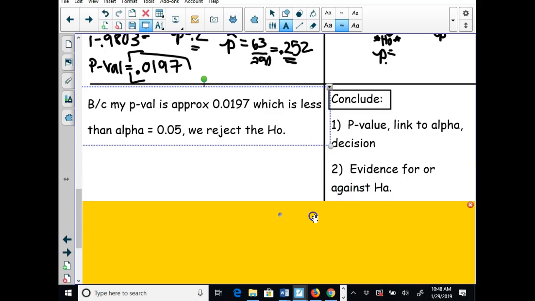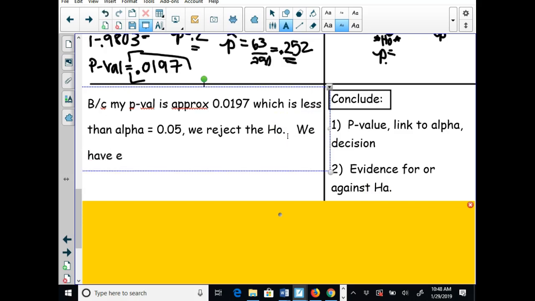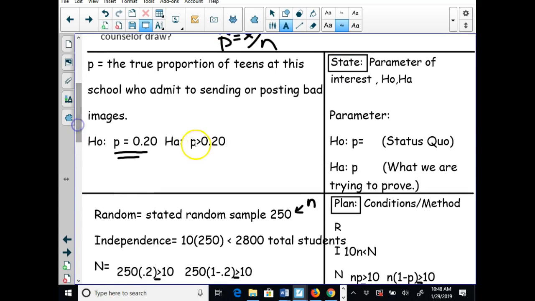Second sentence, we either have evidence for or against HA. Because we rejected our null hypothesis, we have evidence for HA. So we have evidence that the true proportion of teens at this school who admitted to sending or posting bad images is greater than 0.2.